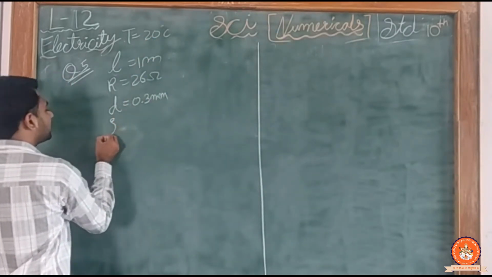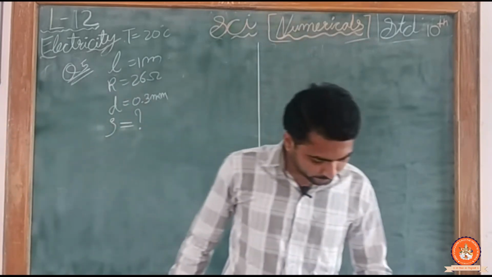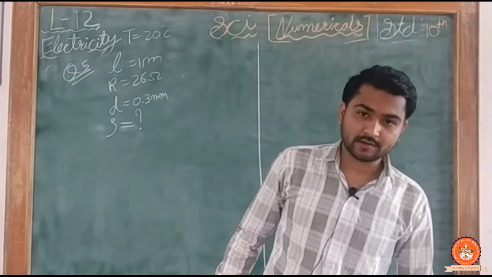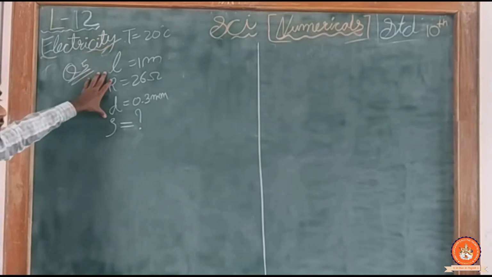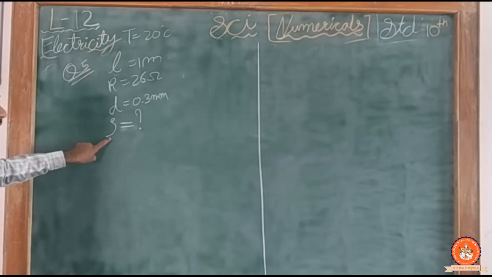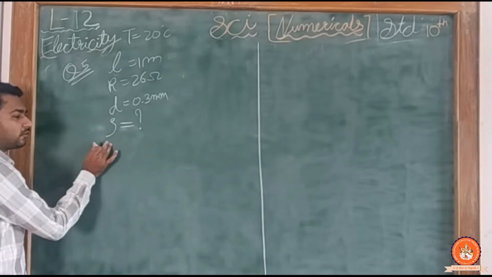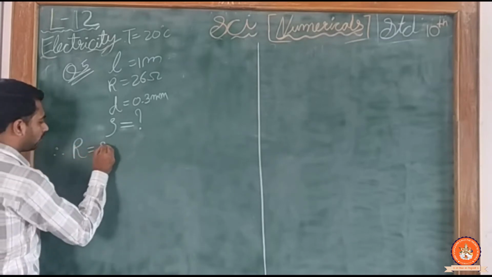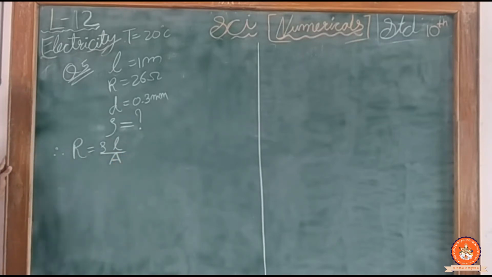So what is the symbol for resistivity? Rho. You have to find the rho. Using table 12.2, predict the material of the wire. Now they give us this much of value. You have to find the rho, so you have to think which formula consists of rho. We have the formula R is equal to rho L by A. Yes or no?